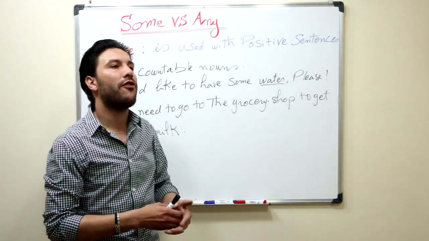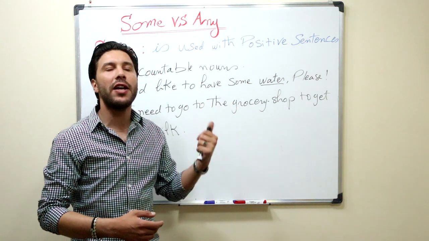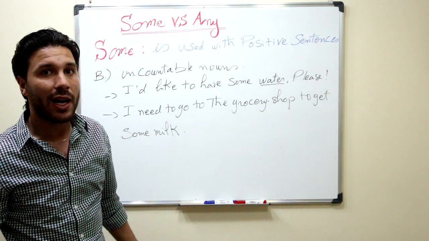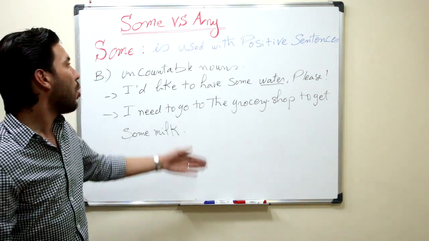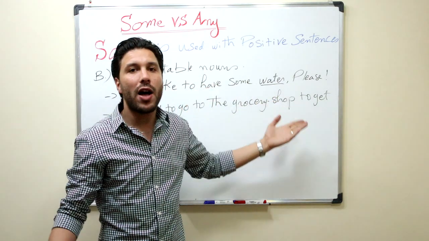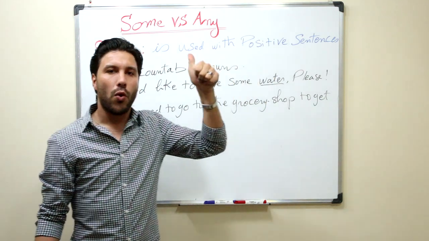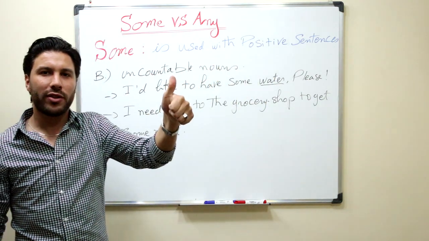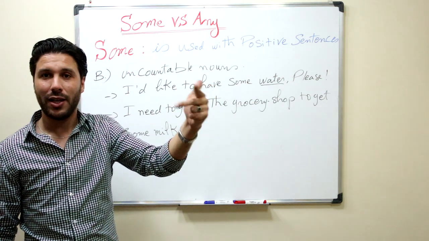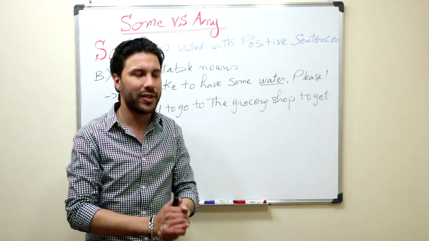For example, as we have mentioned earlier, only some pages are left and I get finished with my book. Or also with uncountable nouns, for example, I'd like to have some water, please, so that is uncountable. Just remember this one. We use some with countable nouns, that is plural, and uncountable nouns, of course, we do not have plural forms.